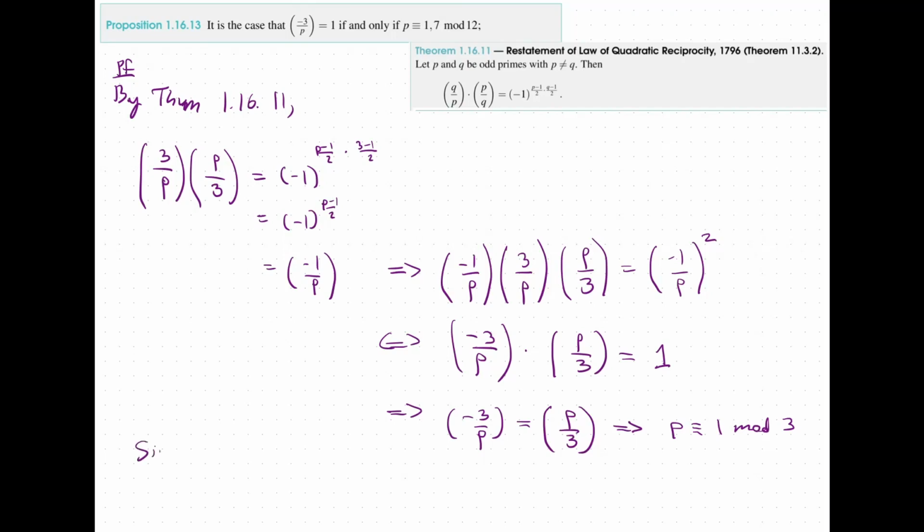So since p is odd, we have that p is congruent to 1 mod 2, and by the Chinese remainder theorem, we get that p is congruent to 1 mod 6. But p congruent to 1 mod 6 is equivalent to p being congruent to 1 or 7 mod 12.